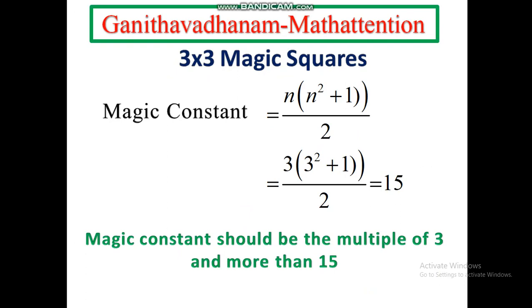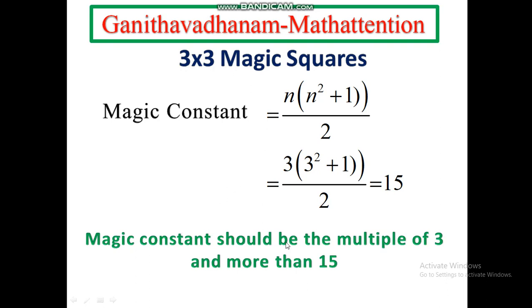There is a universal formula to find the magic constant. This is the formula: n into (n square plus 1) by 2. Instead of n, we can use either 3 or 4 or 5 accordingly, for a 3 by 3 magic square, 4 by 4 magic square, 5 by 5 magic square respectively.